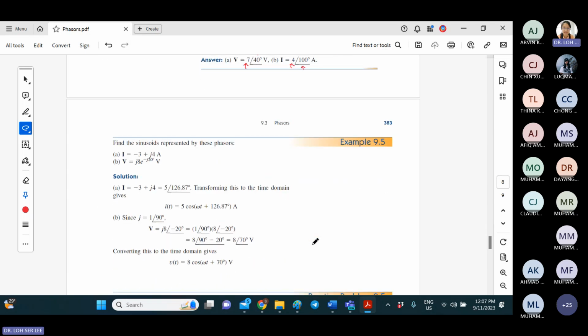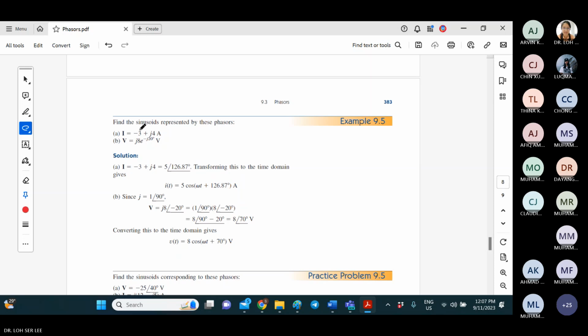Okay, next one. You have the phasor forms, and we want to find the sinusoids. Let me revise a little bit with you first. When you have capital V, let's say VM angle phi, we want to change back into a sinusoid, so we get a lowercase v.